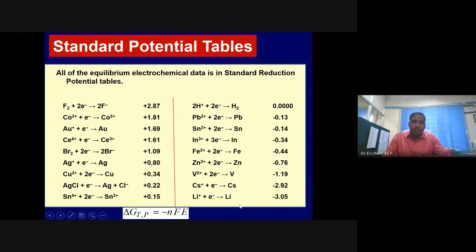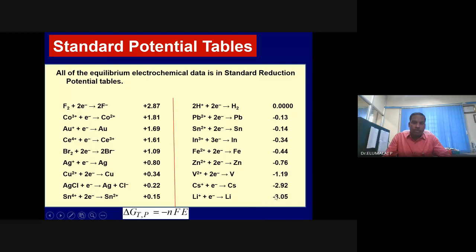You see that lithium plus becoming lithium is not spontaneous, whereas fluorine becoming fluoride is highly spontaneous because the electrode potential is plus 2.7. If you substitute here, delta G will be highly negative.